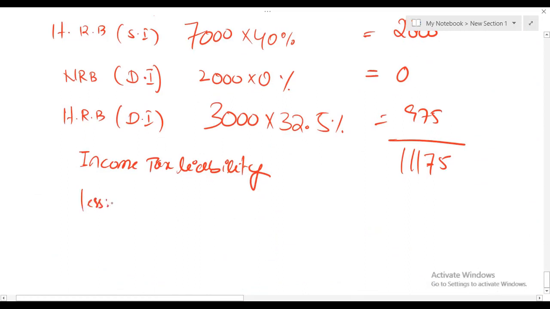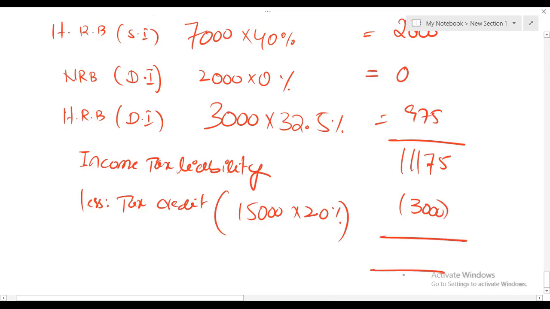And we say tax credit, less tax credit. 15,000, 20% is 3,000, which gives us the tax credit.